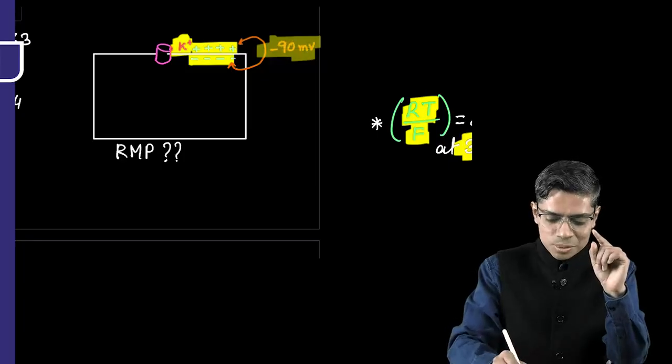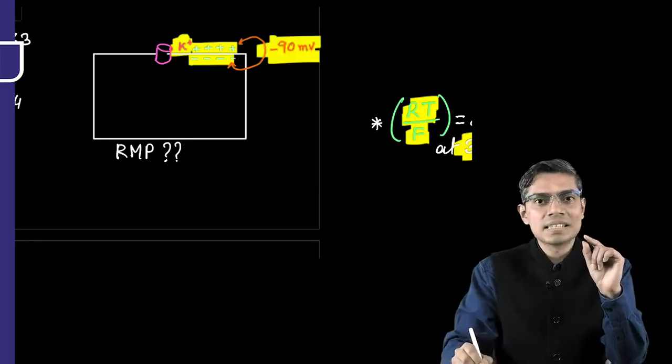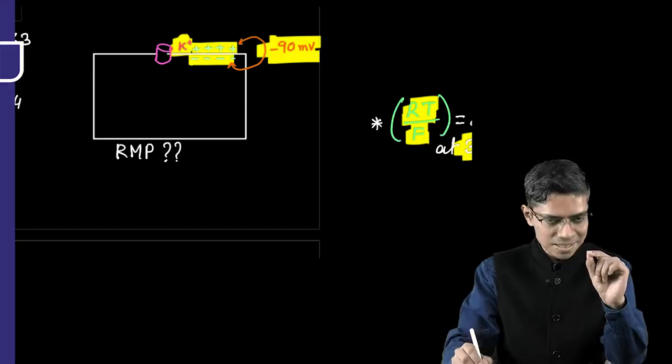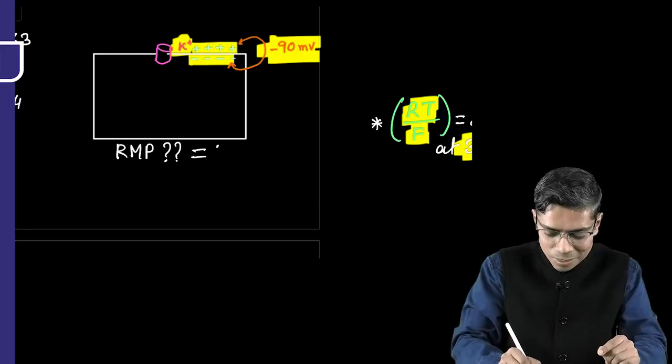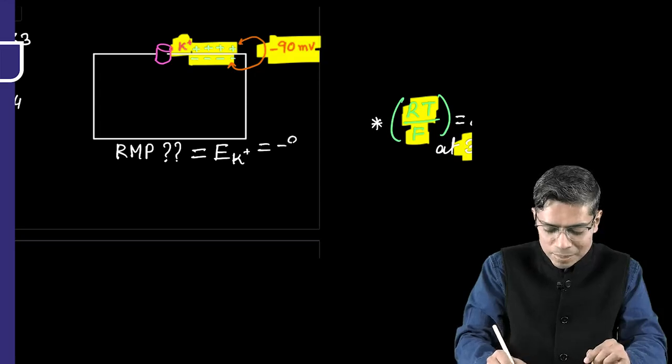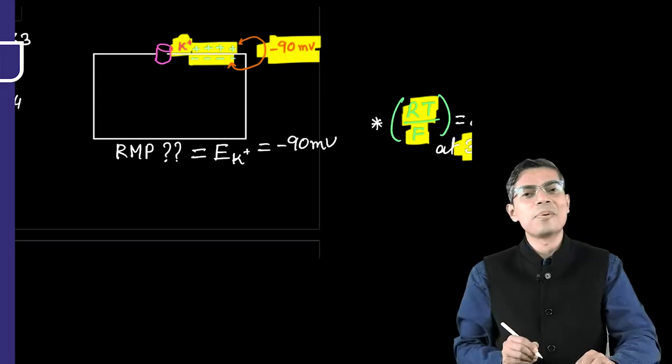We have already understood the equilibrium condition, the cell is maintaining a potential of minus 90. So, the RMP of this glial cell will be equal to the equilibrium potential of this potassium ion, and that is nothing but minus 90 millivolt.